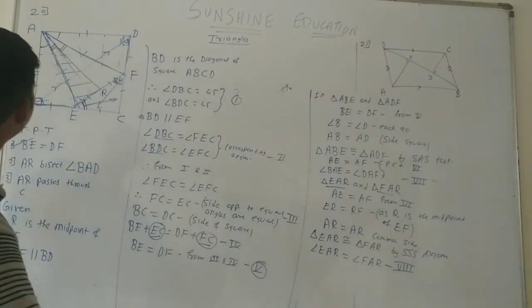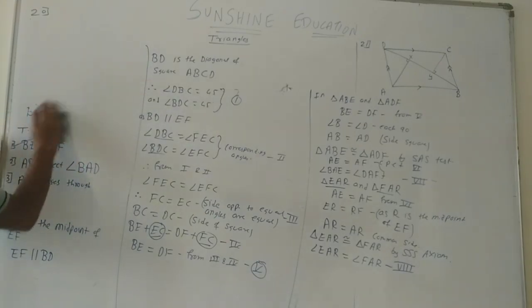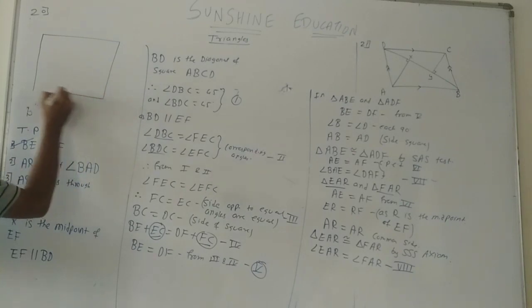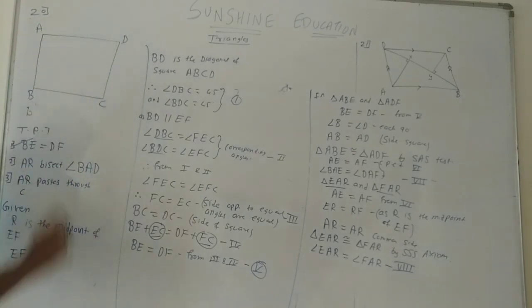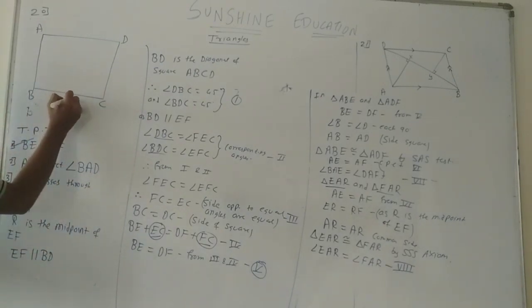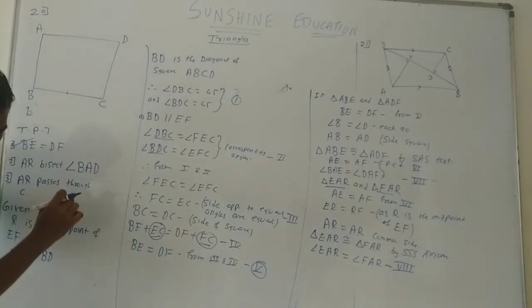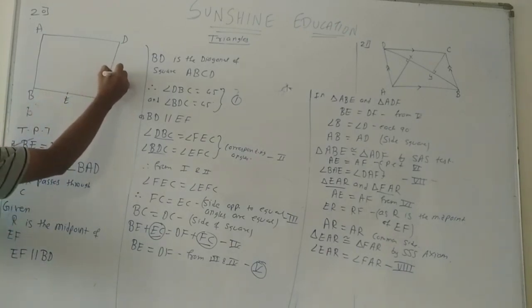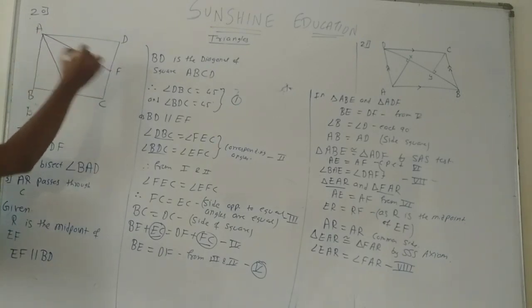See, I'll just draw the diagram again for your understanding. This was the square ABCD. We had points E and F. We have these two lines.